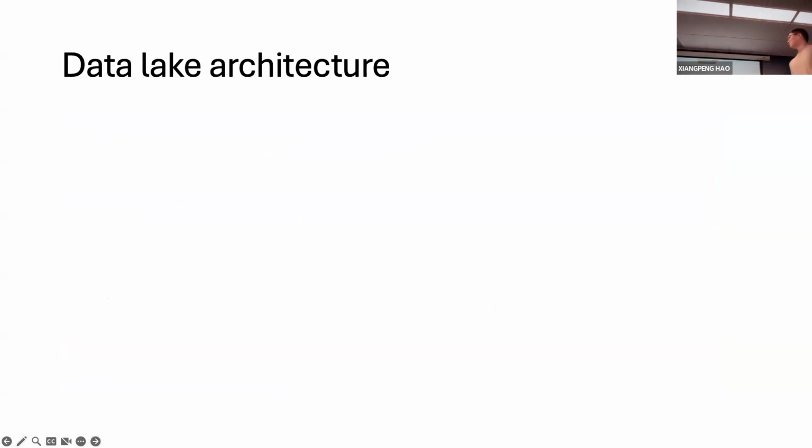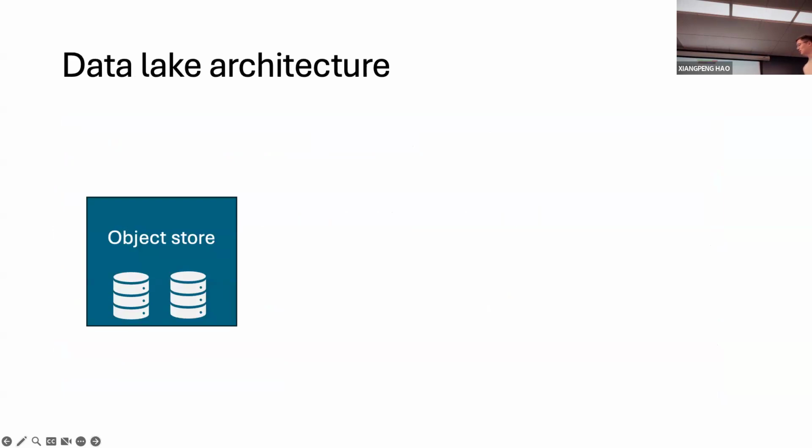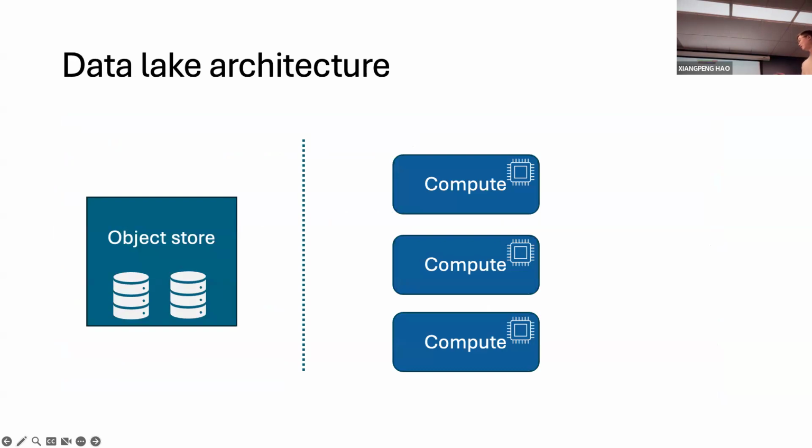Okay, yeah. So the modern data lake architecture looks like this. We have an object store on the left, and everything is dumped into the object store, so we don't have to manage disks of our own. And we have compute nodes on the right-hand side. Whenever we need more computation power, we just spin up more compute nodes, which all connect to the same object store.